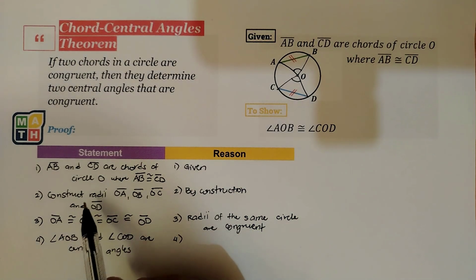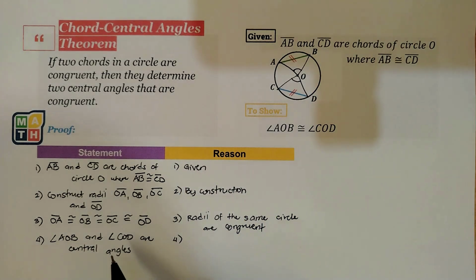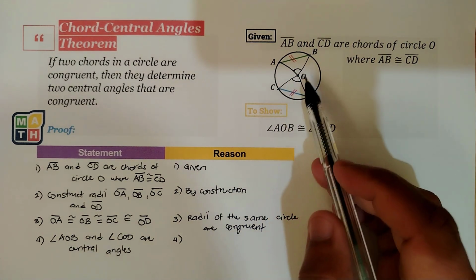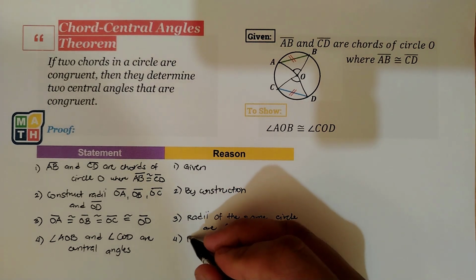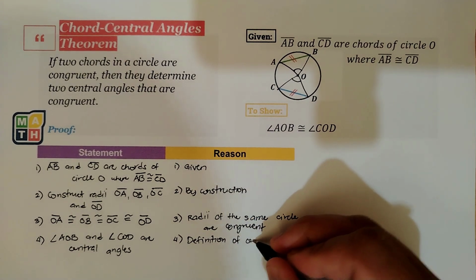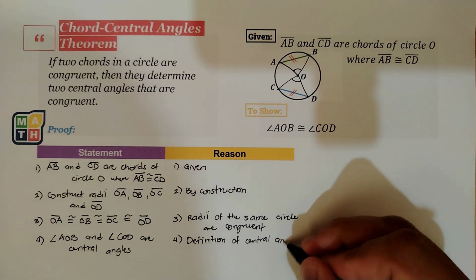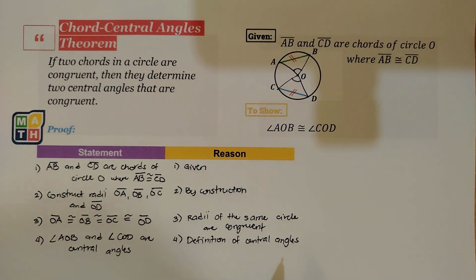And since we have established that the sides of AOB, that's OA and OB, as well as for angle COD, OC and OD, are radii of the same circle, this is true per definition of central angles. Now that we have that, we have introduced already the angle AOB and angle COD.